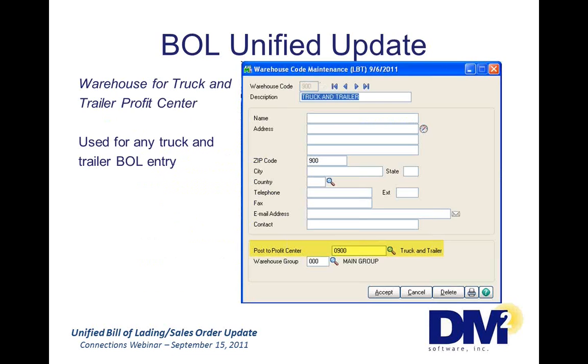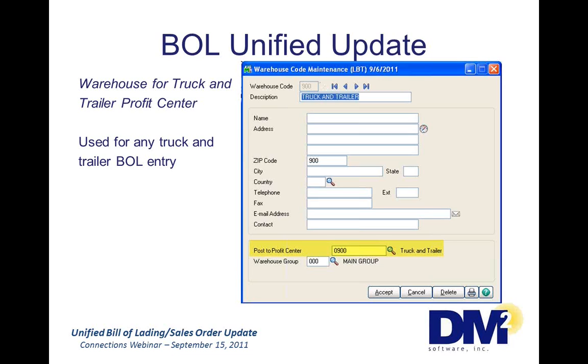This warehouse is set up for your truck and trailer profit center, and you can see that it's going to post to the profit center 900. Any truck that's a truck and trailer that you want to have the profits go to this profit center, that's what warehouse you would use on the bill of lading header.